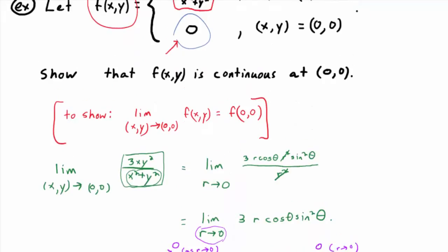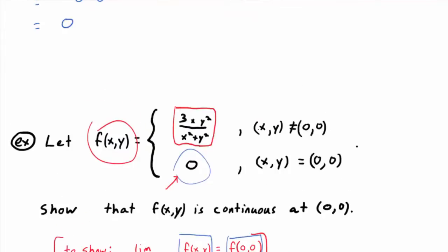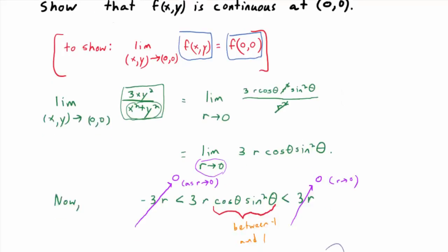Well, remember, all we have to show is that the limit as (x, y) approaches (0, 0) of the piecewise defined function is equal to f(0, 0). But how is f(0, 0) defined? Well, it's defined piecewise to be 0. So here's the conclusion then.